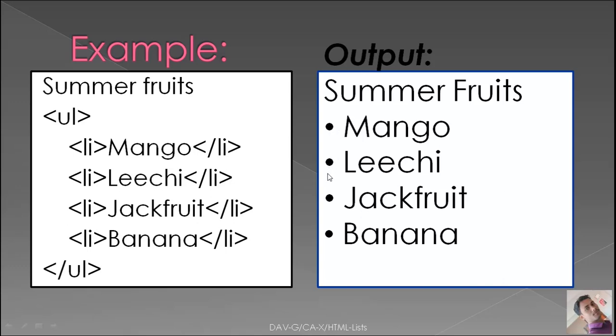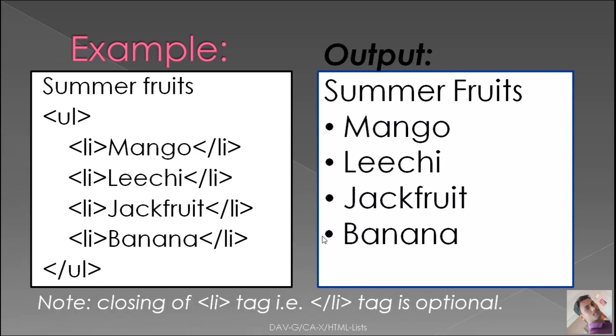These dots or solid disks will be called bullets. One more thing: the closing li tag at the end of every list item is optional, we can ignore it.